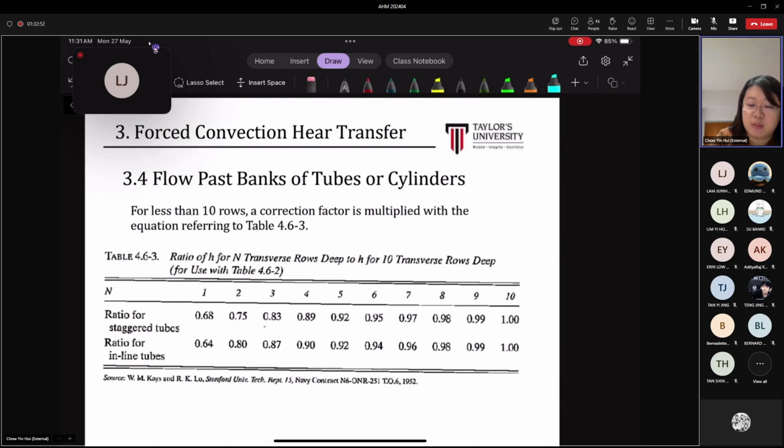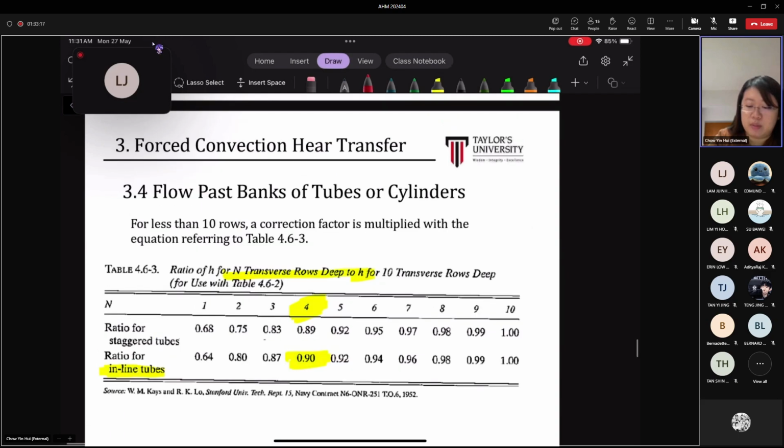It depends on how many transverse rows deep, then you apply this correction factor for the h value. For our experiment, there are only 4 transverse rows deep and it's inline, so when we calculate the h value, we need to multiply it by 0.9.